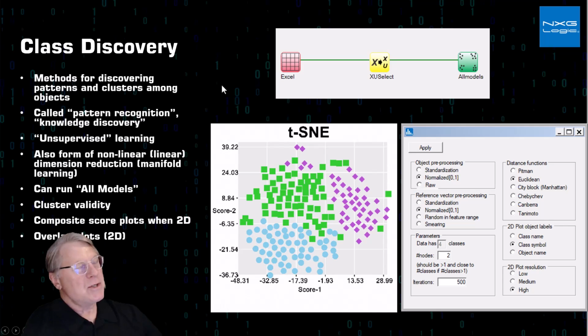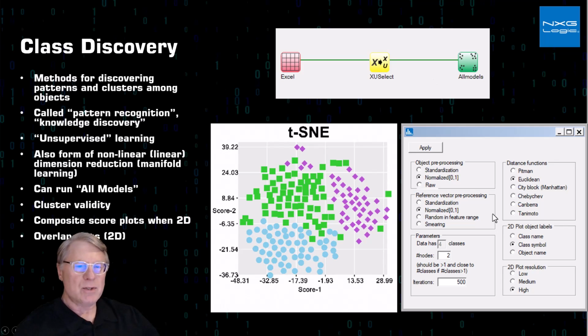Now for class discovery, Explorer is quite strong in that it'll perform a number of nonlinear manifold learning methods on the data set to try to identify patterns in the data through visual clues of formations of clusters among the objects.